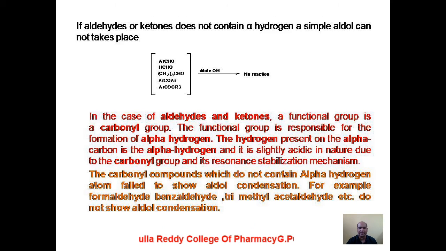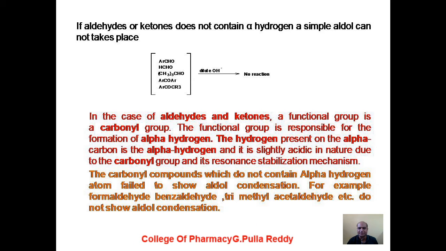I again point out the main point here: the carbonyl compounds which do not contain alpha hydrogen atom fail to show the aldol condensation. They do not give aldol condensation. For example, you can take formaldehyde, benzaldehyde, trimethylacetaldehyde, etc. These all do not show aldol condensation.